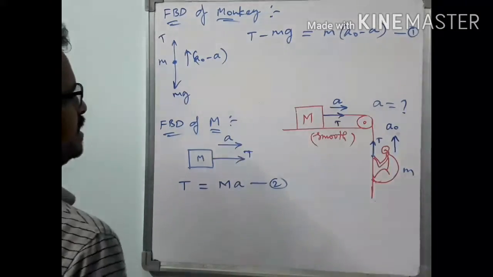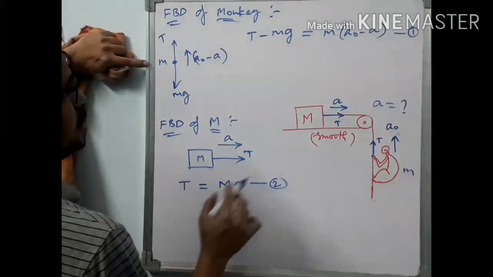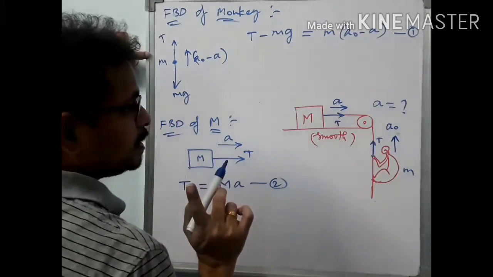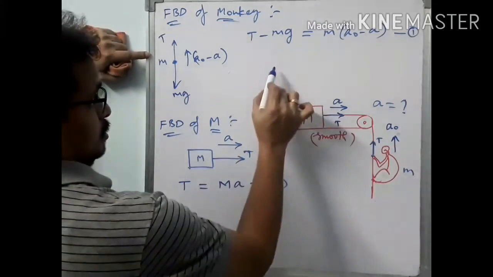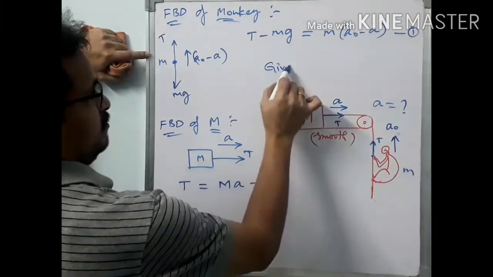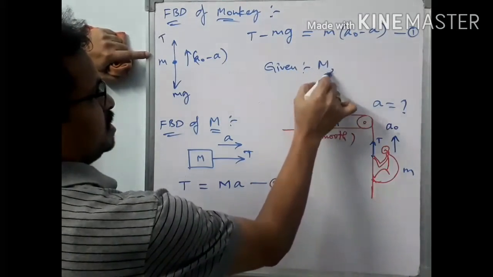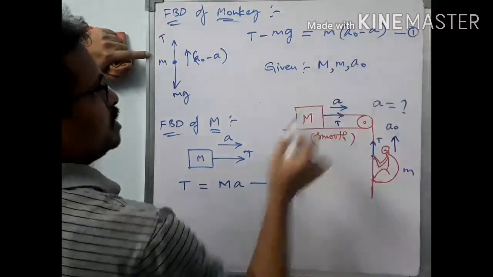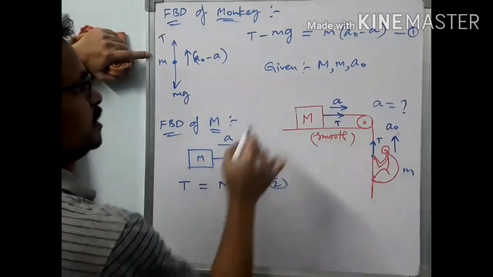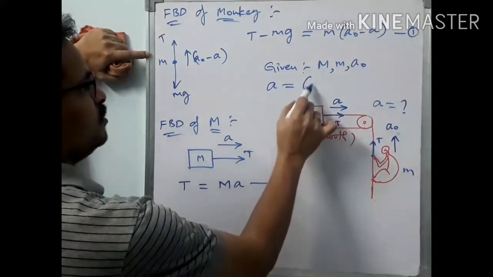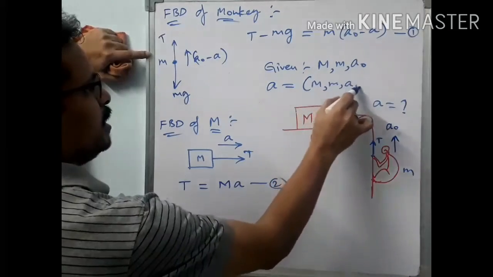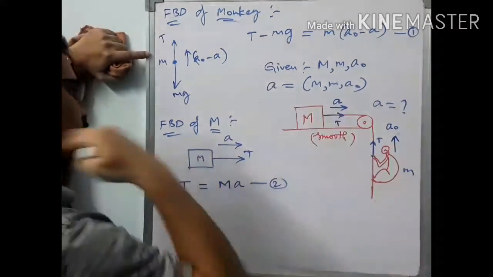Now we want to find A. So A in terms of what? Previously I told you what the given quantities are. Capital M is given to us, small m is given to us, A naught is given to us. So here we should get A in terms of capital M, small m and A naught only. So T must vanish.